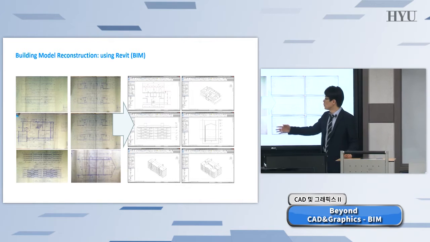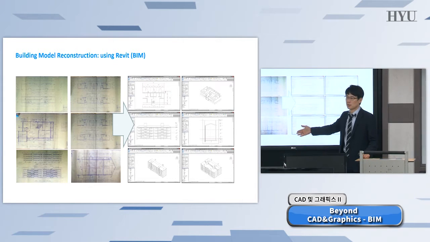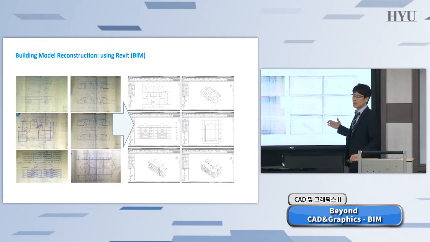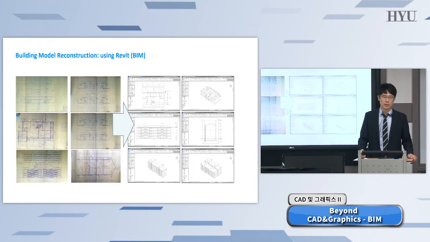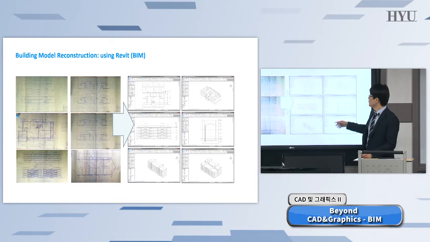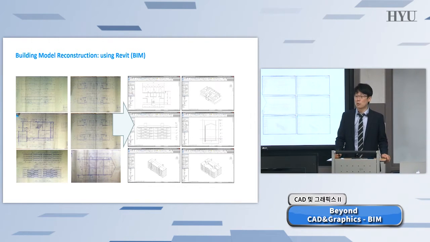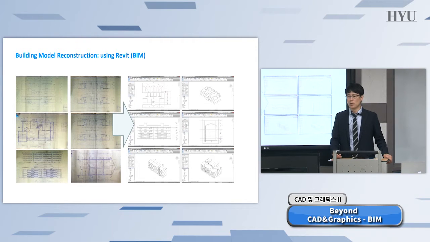Based upon those existing documents, we build a Revit model, even if it's a preliminary design, not a detailed design, but with exactly the same dimensions as the existing building. Modeling this takes a couple of hours, not a very long time.